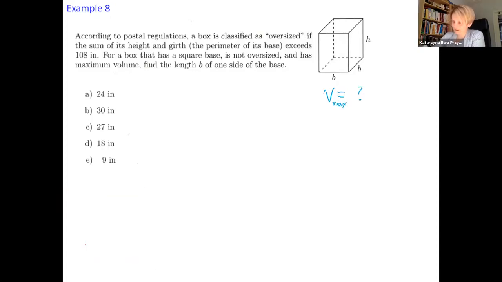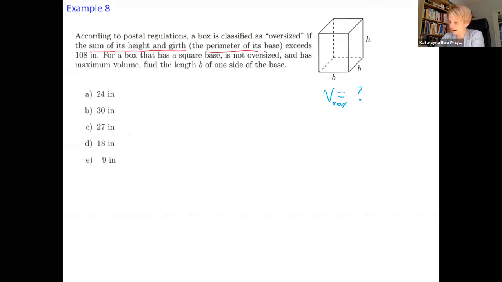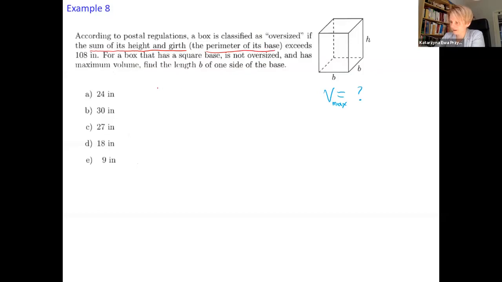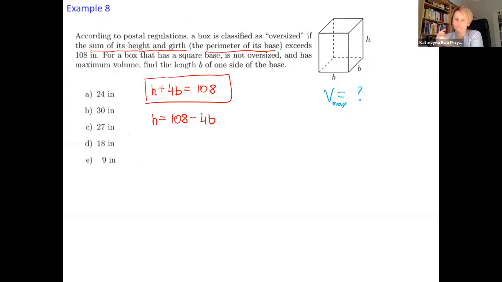Okay. What I will do, the sum of its height and the perimeter. Sum height plus 4 times base, it's 108. This will be our restriction. Height is basically 108 minus 4b. We can see that's the given information.